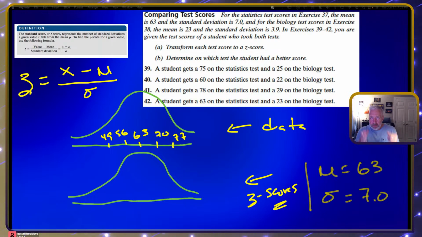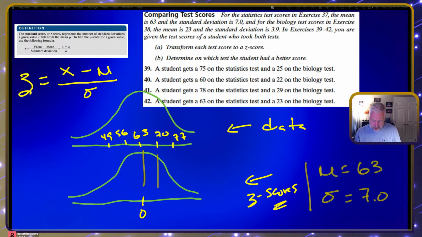When you transfer these to z-scores, you're mapping it down to a second normal curve. It's the same, except instead of the 63 there, what would be here? It would be the representation of how many standard deviations from the mean you are. At 63, you're 0 standard deviations away from the mean because you are at the mean. When we go out 1 standard deviation away to 70, if we map that down, then we are sitting at 1 standard deviation away.